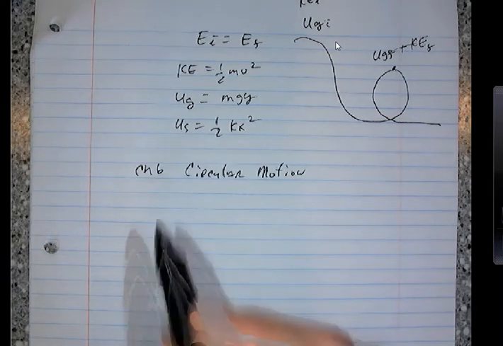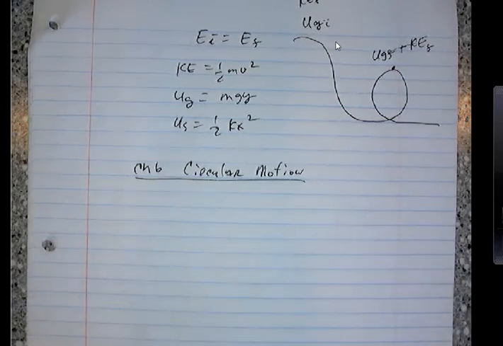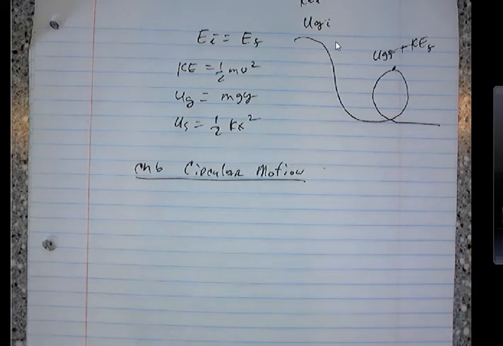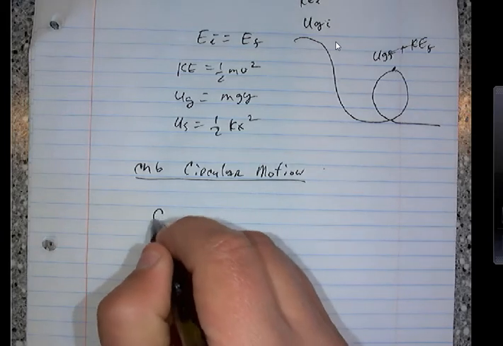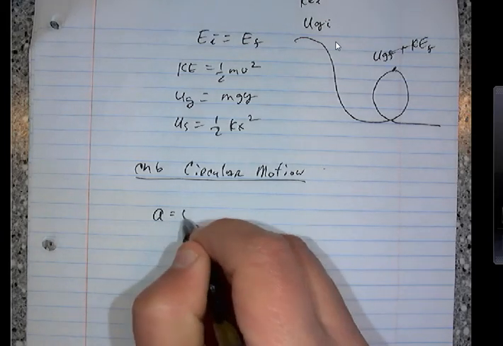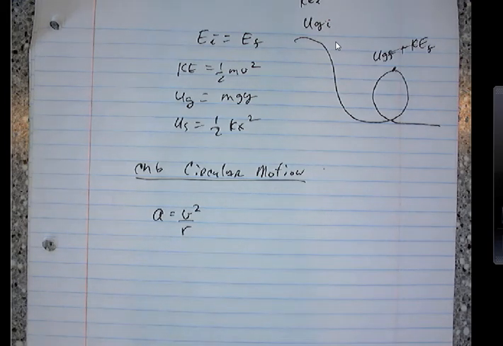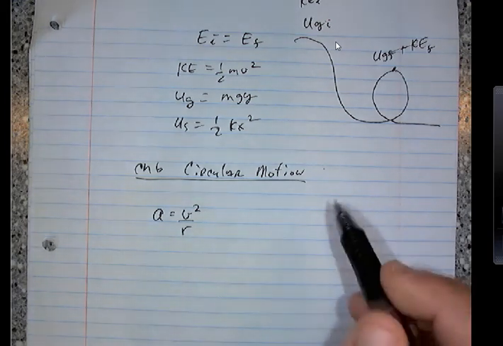Okay, and then we went back to chapter 6, which is circular motion. Another title for this chapter could have been The Search for the Force Towards the Center. That's what I kept talking about. And we do have an acceleration here. It's v squared over r. The reason we have an acceleration, even if you're going at a constant speed, is the direction keeps changing.